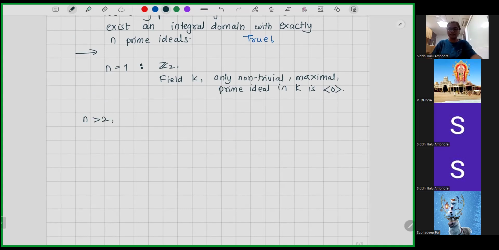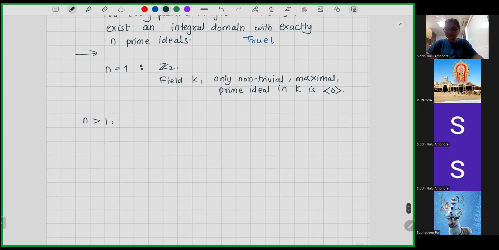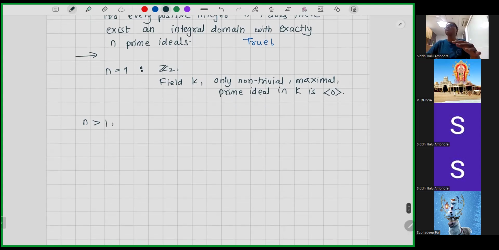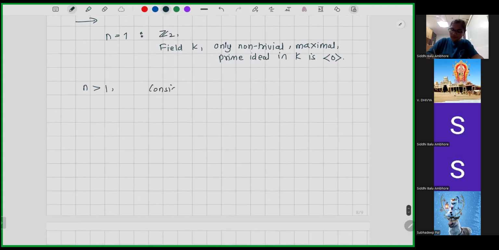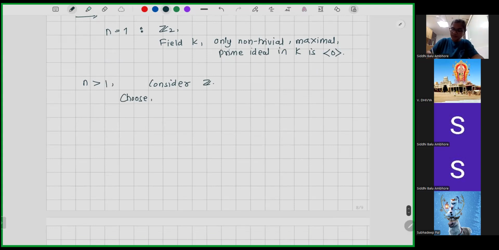And what about n greater than 1? Can we generate? Since they are asking about integers, we know how primes look in integers. They are exactly prime numbers. So that's why we generate that in Z. So consider Z and choose primes P1 to P(n-1), fixed.